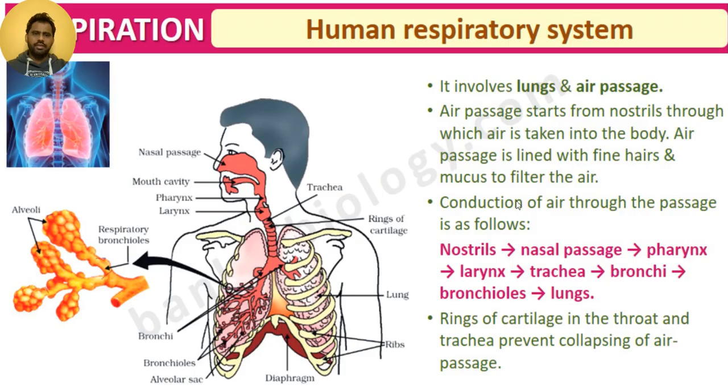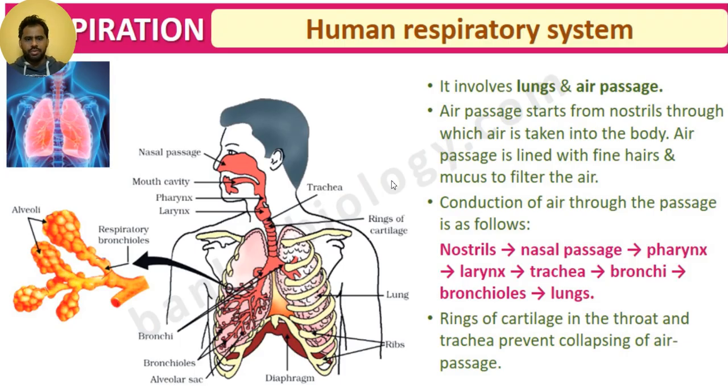So let's start. It involves lungs and the air passage. The air passage starts from the nostrils, through which air is taken into the body. The air passage is lined with fine hairs and mucus to filter the air.